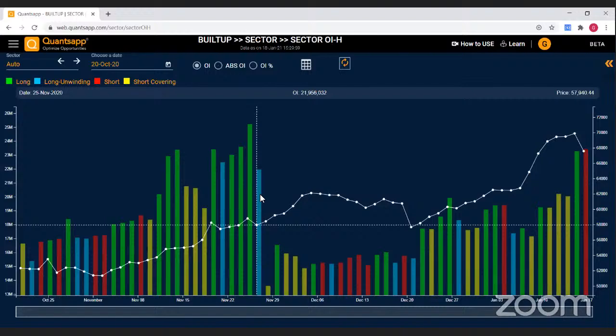So if I say there's a huge increase or decrease in the OI along with the price fluctuation. At this point, there was a slight increase in the price over here, but the OI was not confident enough.